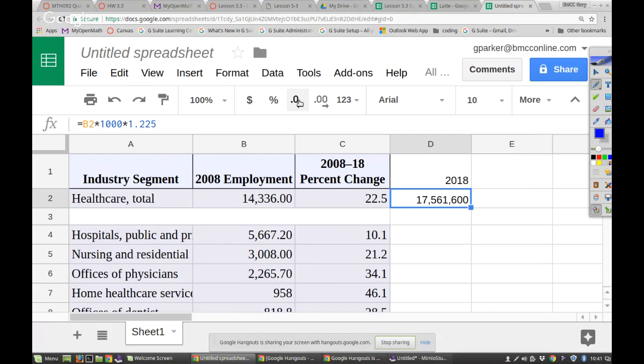I ended up with 17,561,600. With that, I'll go over how I got that. So I think it's going to be 22% higher than 14 million. I think it's about 17 million. I'll put that on paper.